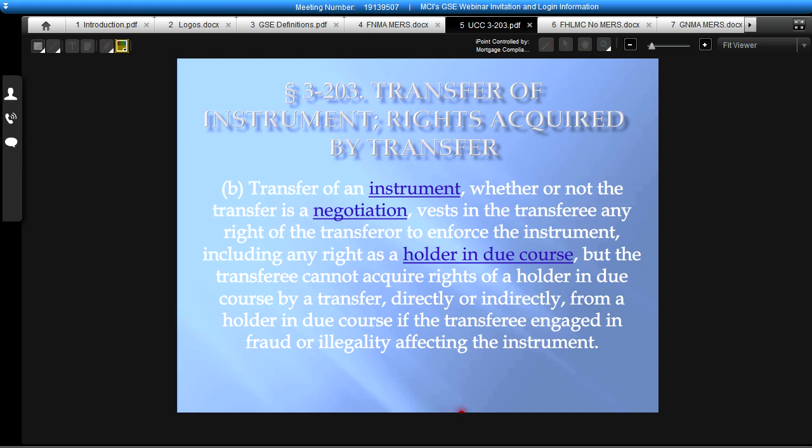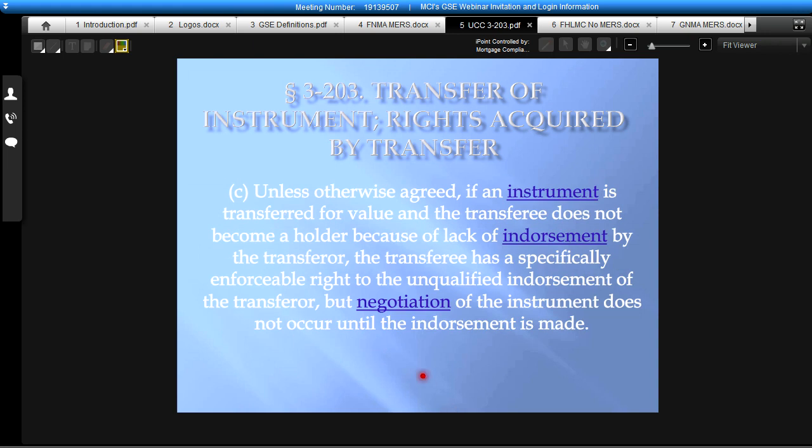3-203C. Unless otherwise agreed, if an instrument is transferred for value and the transferee does not become a holder because of lack of endorsement by the transferor, the transferee has a specifically enforceable right to the unqualified endorsement of the transferor.